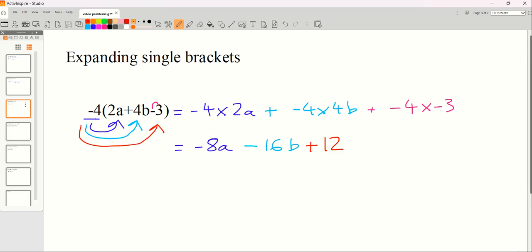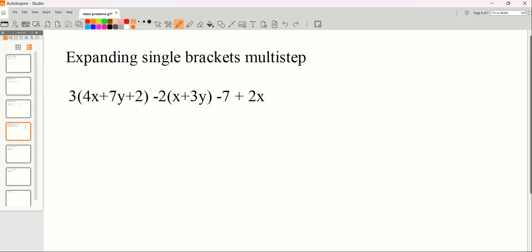For our last example, it will be a multi-step question where we have to do both expanding and then collecting like terms if we have the same letter. So let's go ahead and start. We are going to start with 3 times 4x, and then 3 times 7y, and then 3 times 2. The reason why we have 3 arrows is because we have 3 terms inside the parentheses.